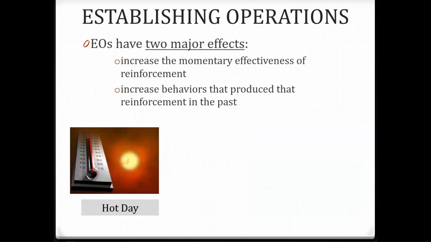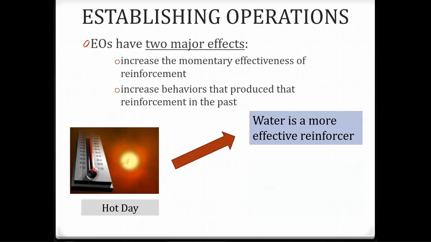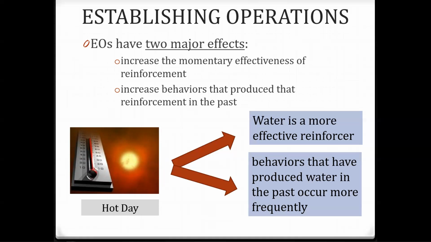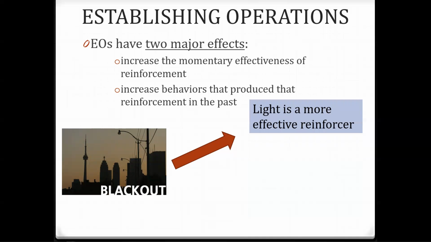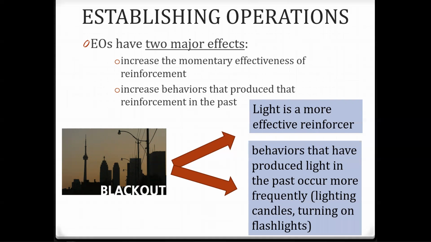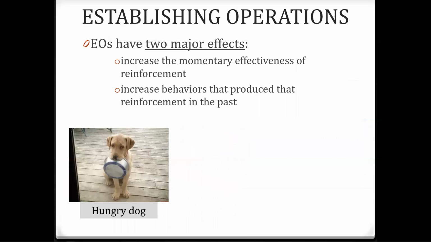If you have a very hot day, then water might become a more effective reinforcer, and behaviors that have been reinforced by water in the past are going to become more likely to occur. If you have a New York City blackout, then light becomes a more effective reinforcer because you don't have it anymore. And behaviors that have produced light in the past, like lighting a candle or turning on a flashlight, are going to become more likely to occur.